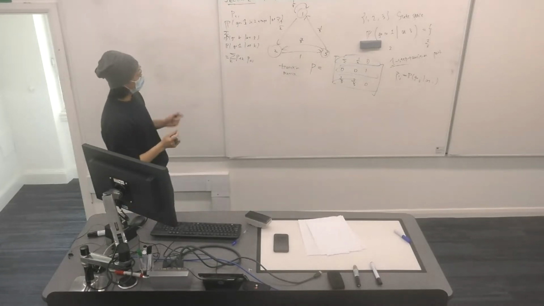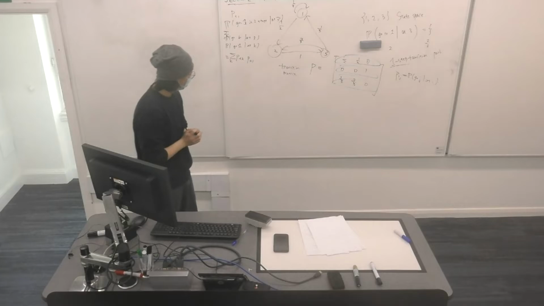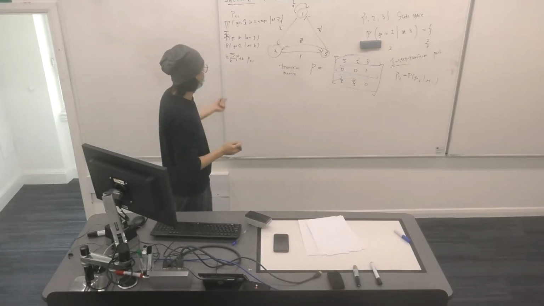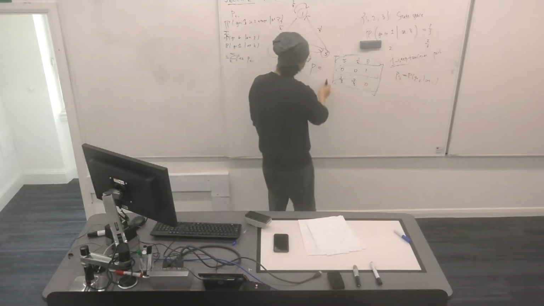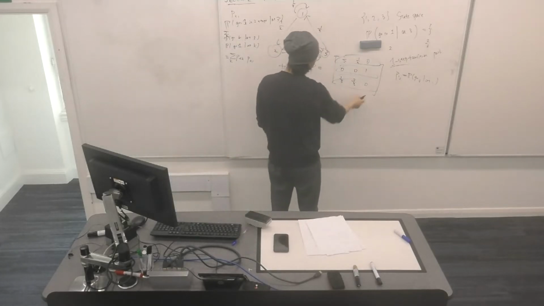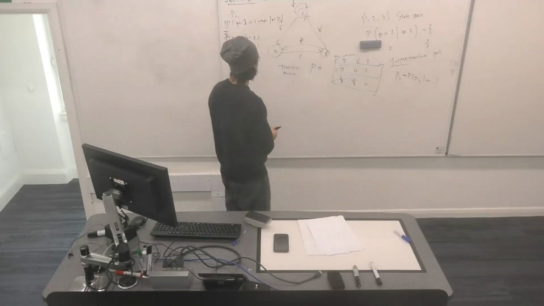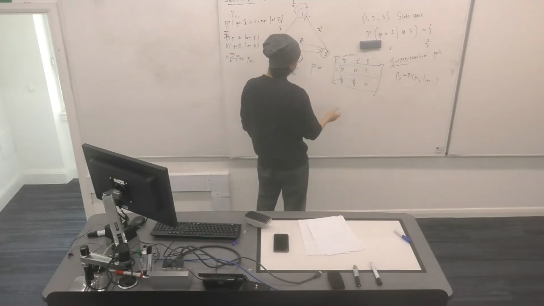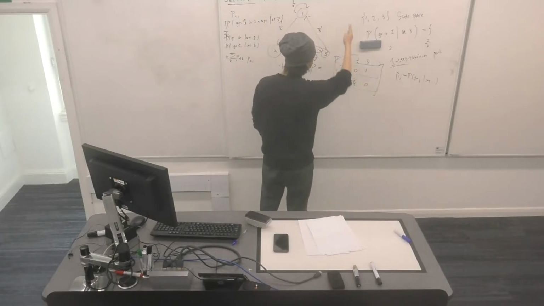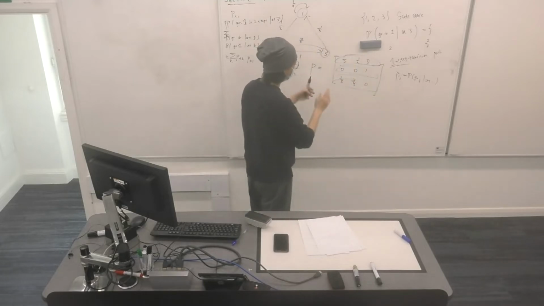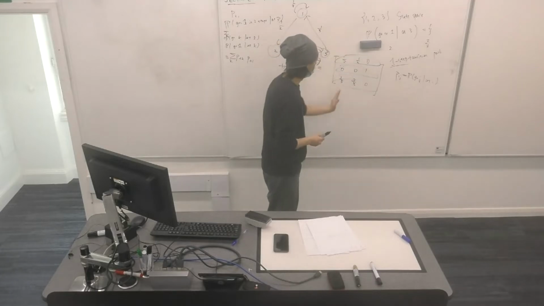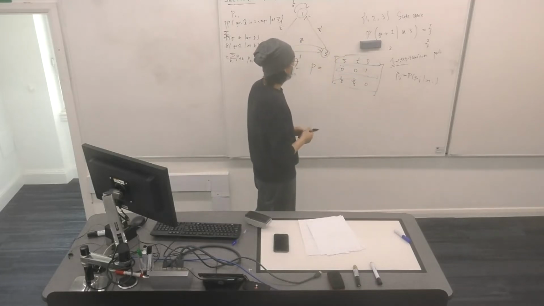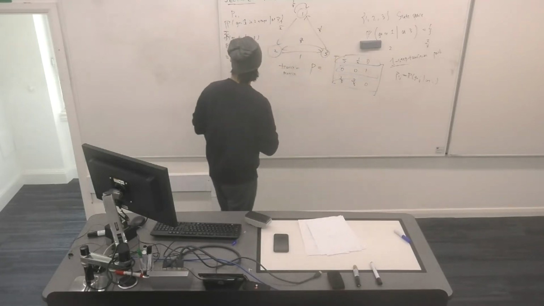If you recall anything from linear algebra, P3k is like this row, and Pk1 is like this column. We do the dot product of this row and this column.